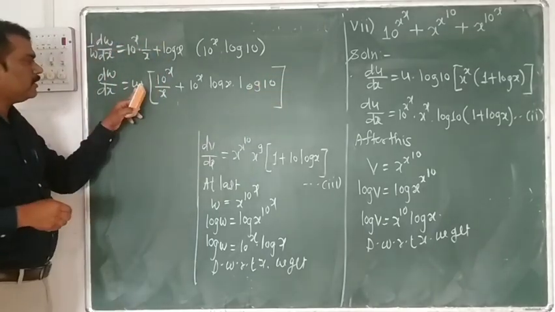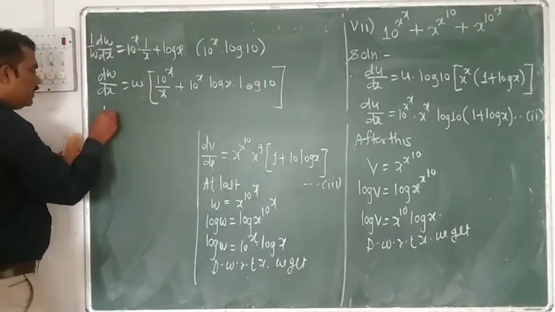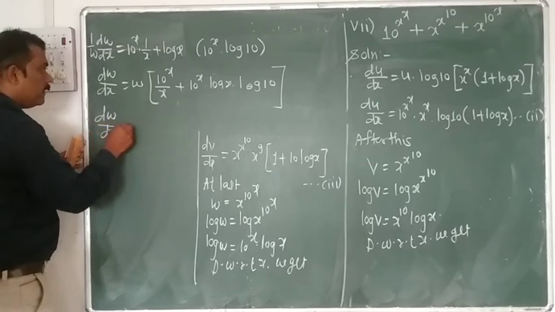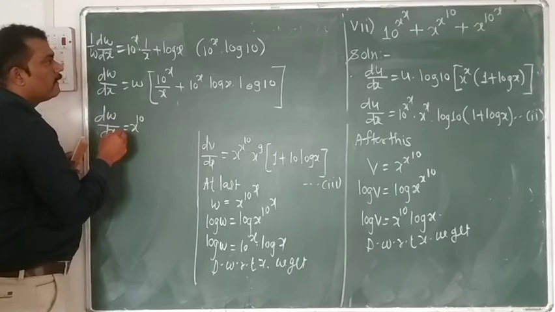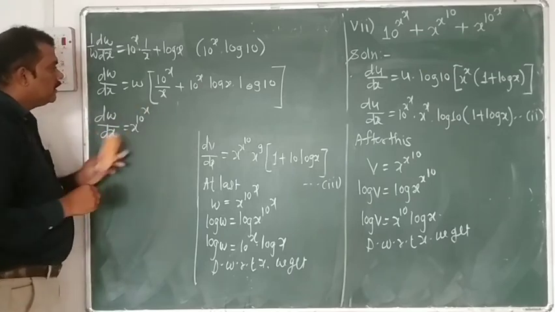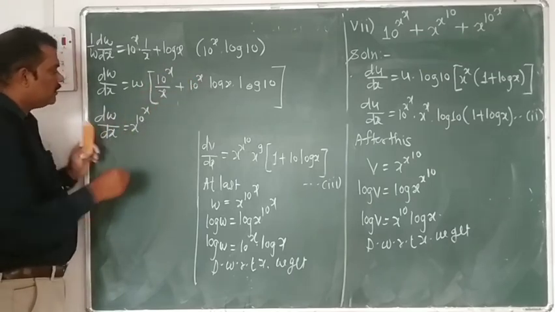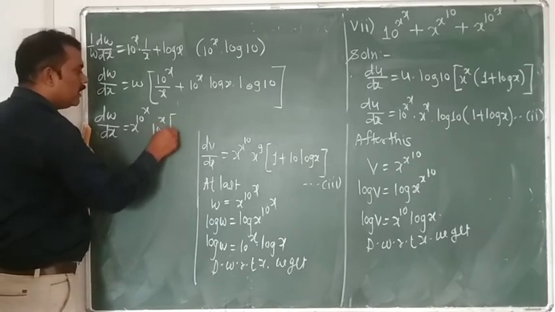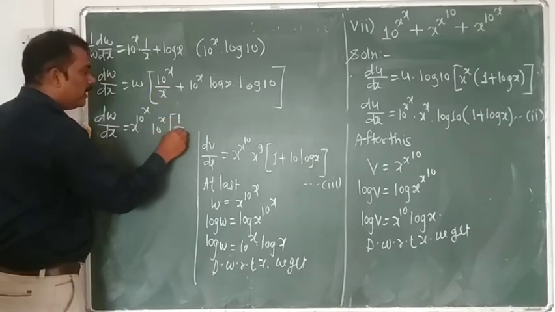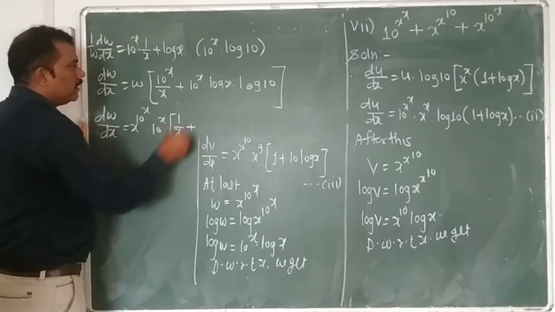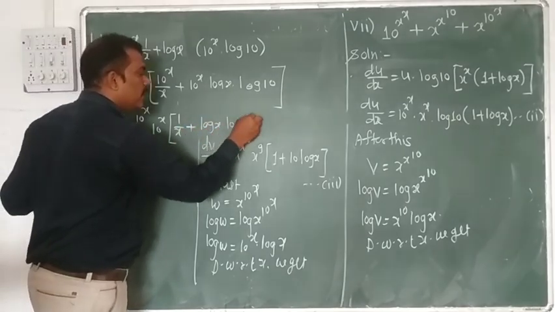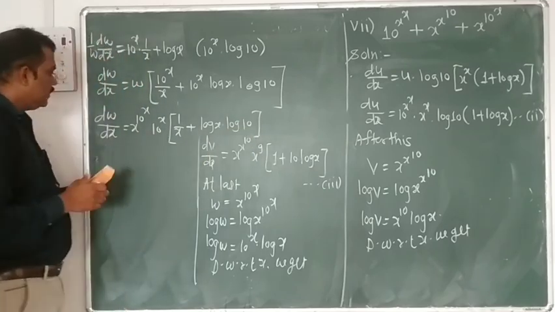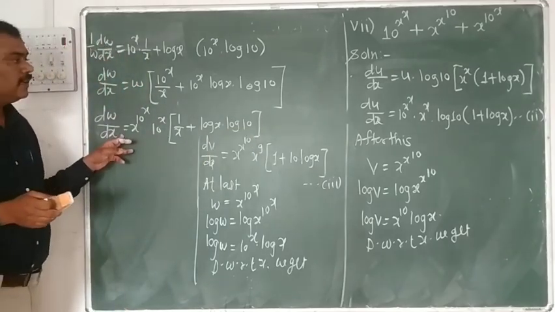Now we have to substitute the value of w, so that we get dw by dx is equal to, what is the value of w? x raised to 10 raised to x. Here we have to take 10 raised to x common, so that into 10 raised to x into bracket, here remaining 1 upon x plus log of x into log of 10. This one is the value of dw by dx.